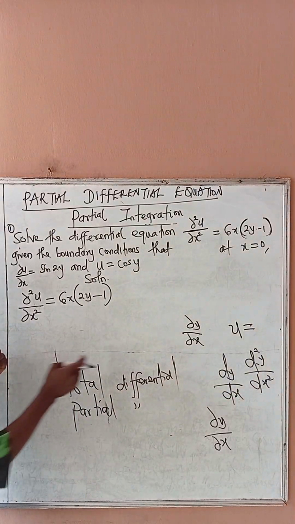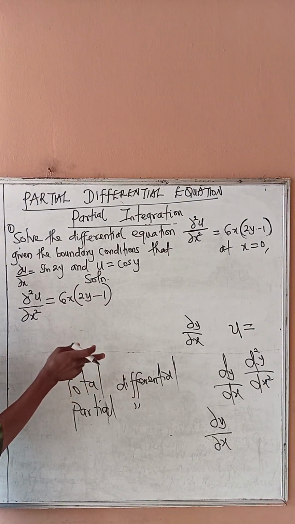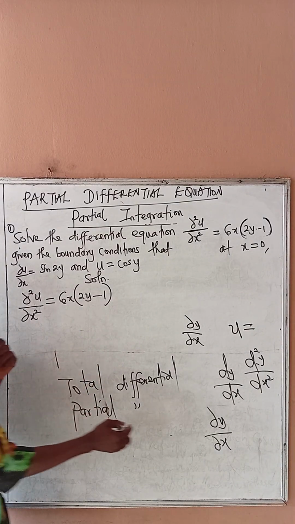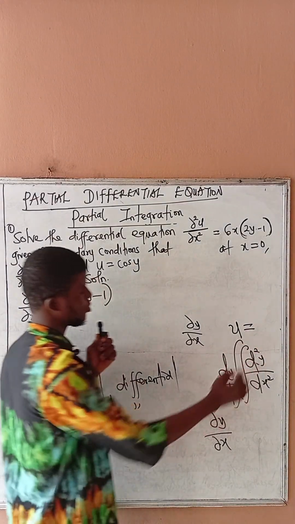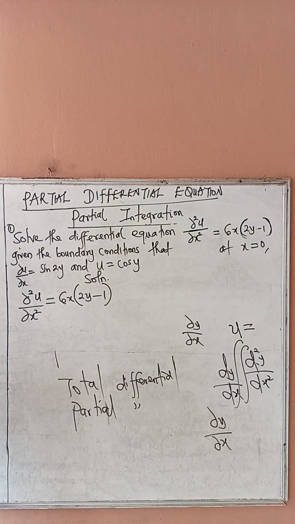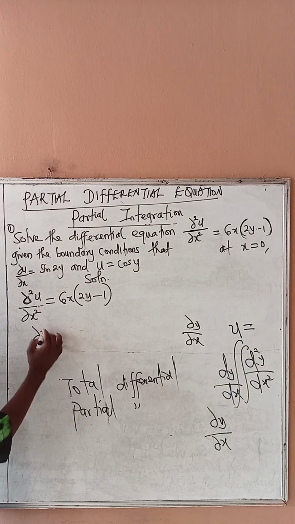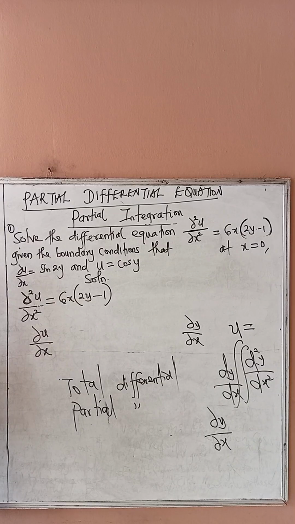So if I want to get y from there, I'm going to integrate this two times. So if I integrate the second partial derivative of u with respect to x once, I'll be left with partial u partial x. That is what I would get upon the first integration.